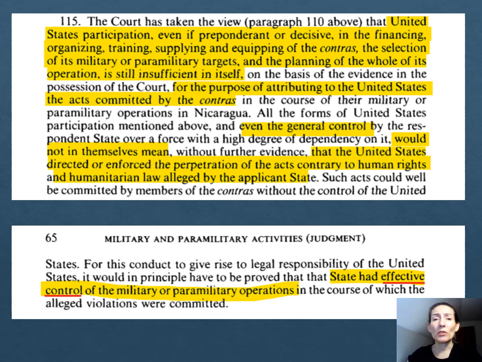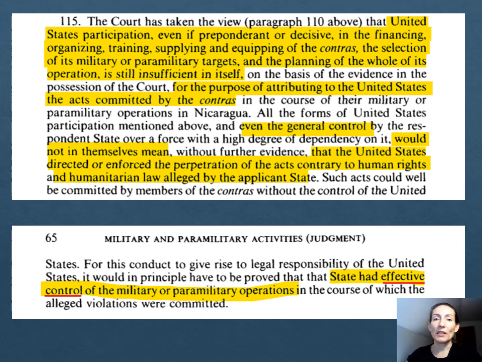Nicaragua took the United States to the International Court of Justice, alleging that the United States, in recruiting, training, arming, equipping, financing, supplying and otherwise encouraging, supporting, aiding and directing military and paramilitary actions in and against Nicaragua, I am quoting, was violating international law.